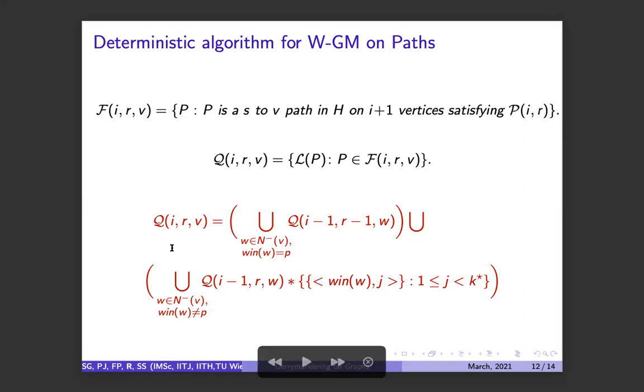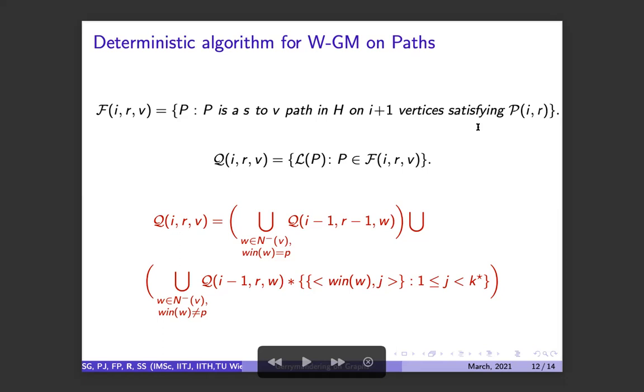As we do for the k-path algorithm, we define this family. Here, (i, r, v) means that I have a path P from S to V on i plus 1 vertices with r plus 1 unlabeled arcs.